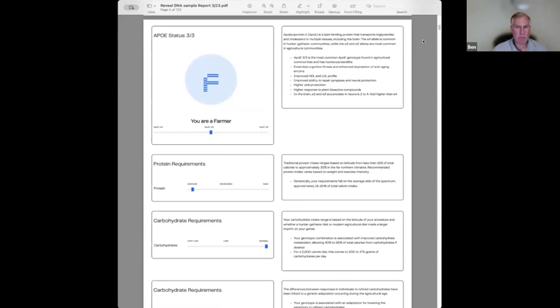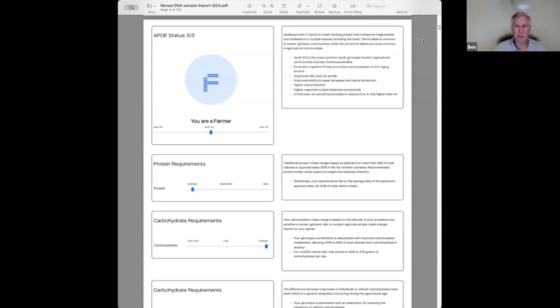APOE is a lipid binding protein that transports triglycerides and cholesterol in multiple tissues, including the brain. The E4 allele is common in hunter-gatherer communities, while the E3 and E2 alleles are most common in agricultural communities. Now, this is, of course, going back in time and where we genetically evolved from.